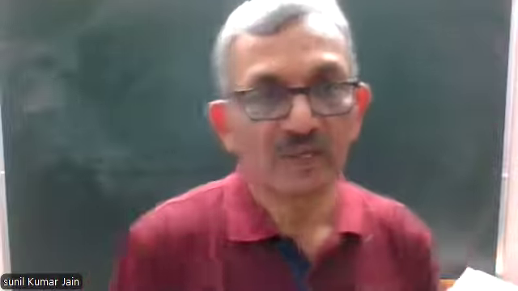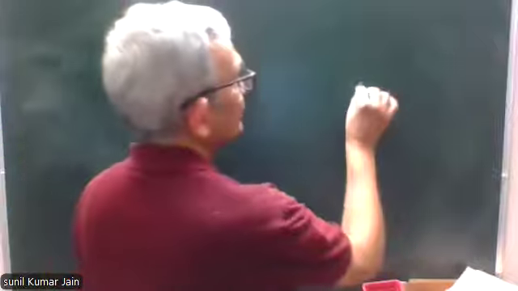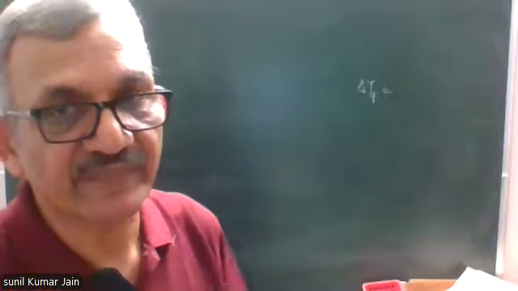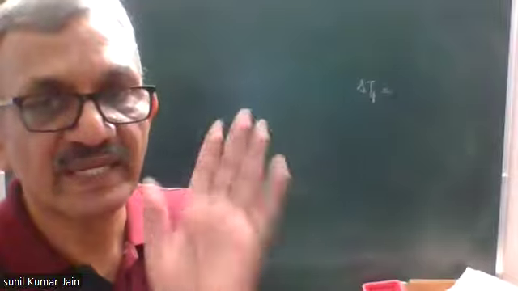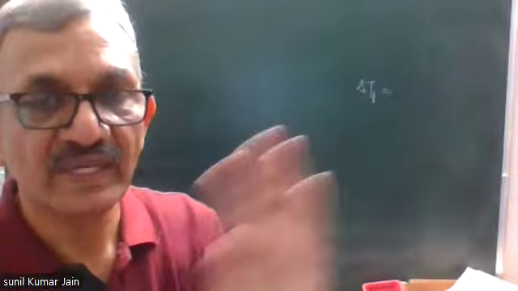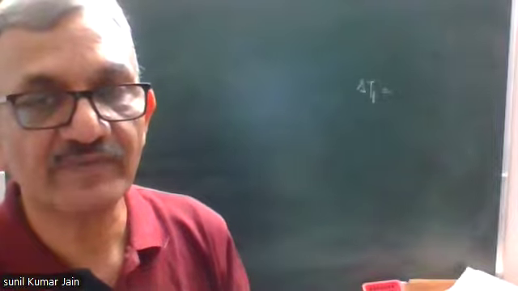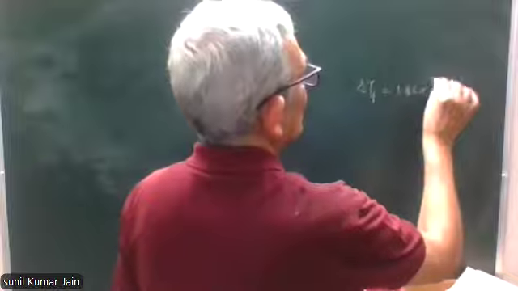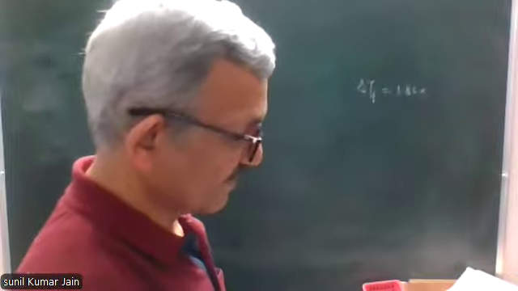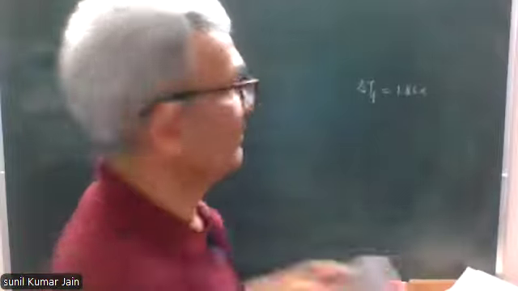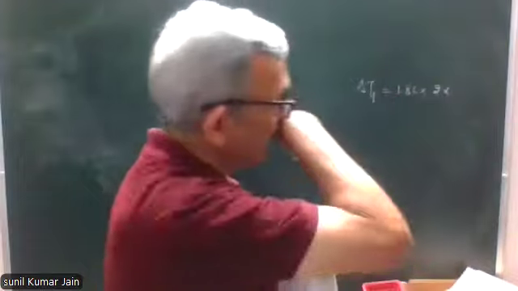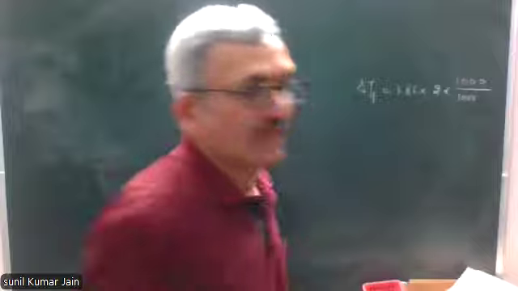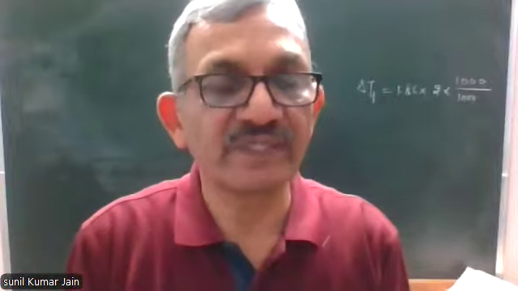KF is given. Don't write anything. Look at the board. On the basis of given data, if I calculate delta TF, don't think that 7.44 is delta TF. Let us say I try to calculate delta TF on the basis of remaining data. It will be 1.86 into 2 molar. 2 molar will be 2 moles of solute into 1000 divided by 1 kilogram of solvent, right?